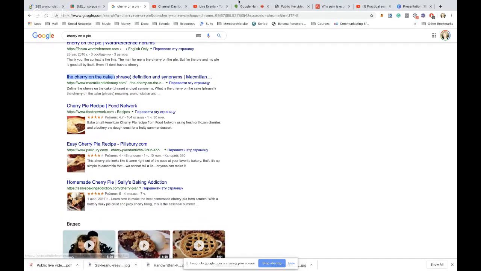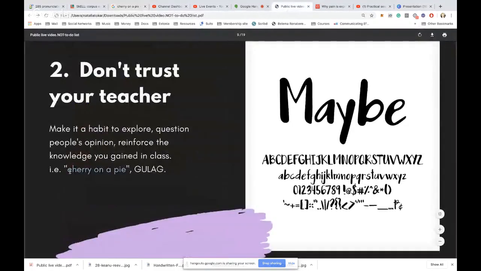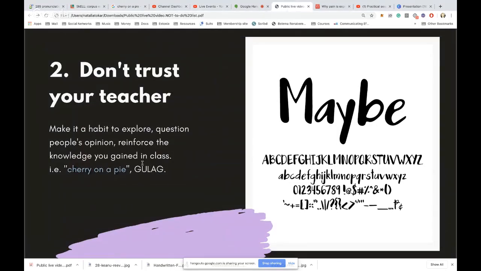When the person checked that, they found out that it's the cherry on the cake and not cherry on a pie. Or we had an interesting task about the gulag, and we were saying gulag, but then people were writing a summary about what this place was about.